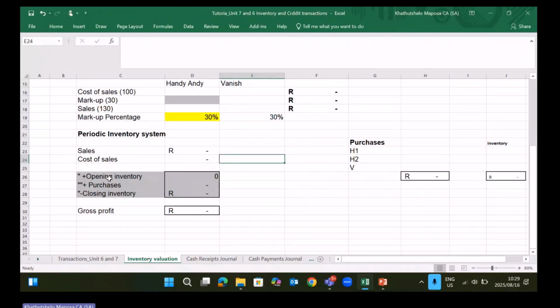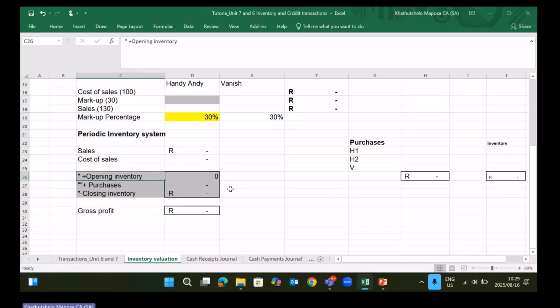We use opening inventory, meaning the value of the inventory at the beginning of the reporting period. We add the purchases, the value of whatever we have purchased during the period, and we minus the closing inventory, the value of inventory at the end of the period.